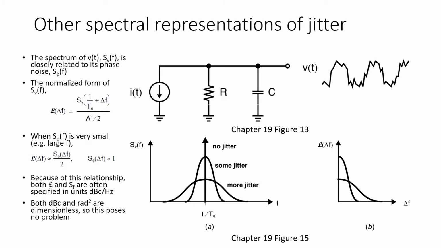So we've defined the phase noise as the frequency domain representation of this absolute jitter sequence, which we've said is not easy to observe, but other spectral representations of jitter can be much easier to observe.